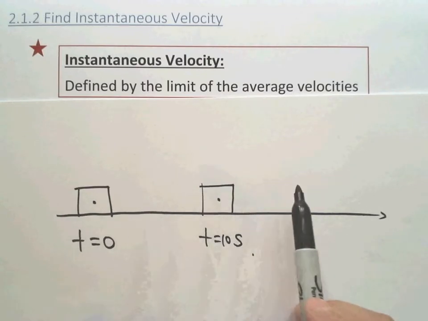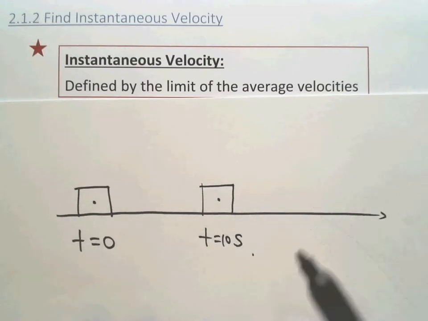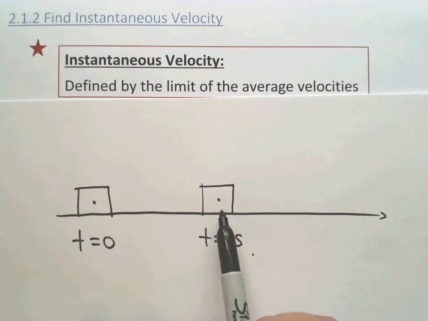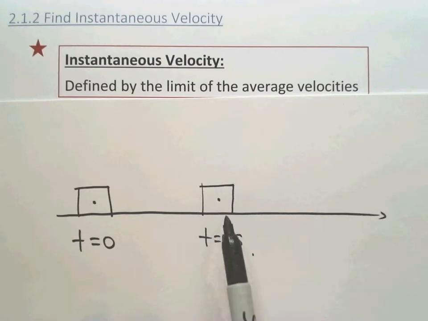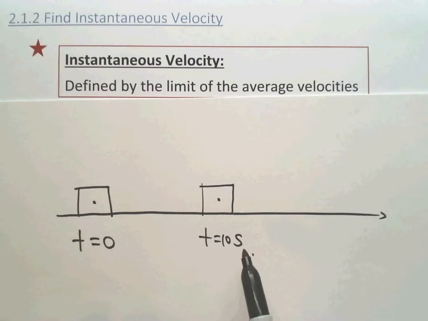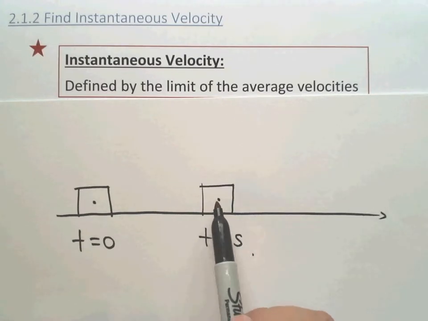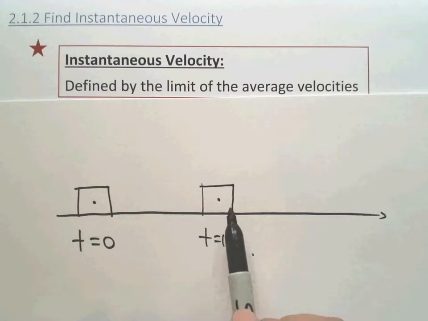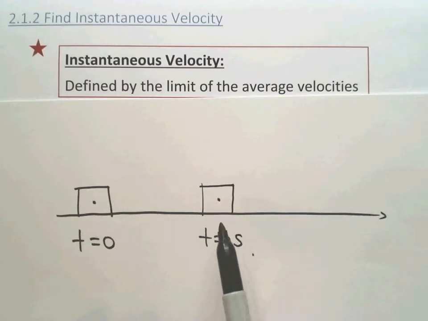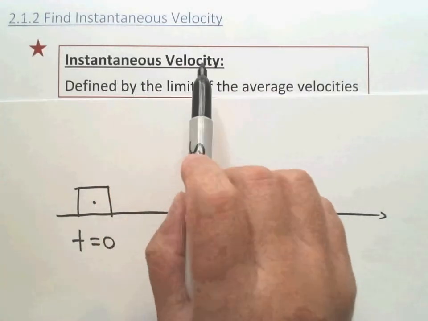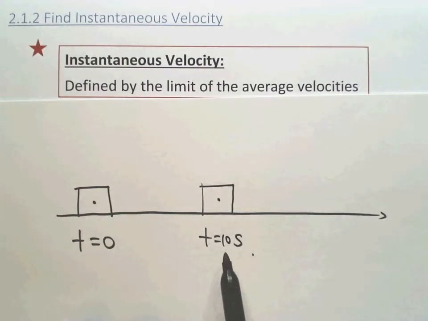Now our question: how do you find the speed or the velocity at the specific time point t equals 10? I mean, how fast is the object at t equals 10? Have we solved this question before? This we call the instantaneous velocity at a specific time point. We never defined this before, in high school or middle school.